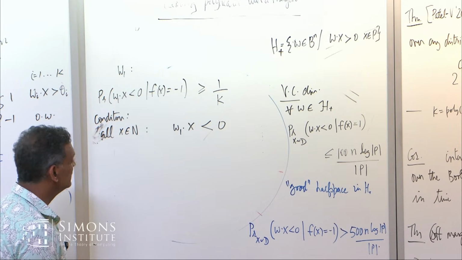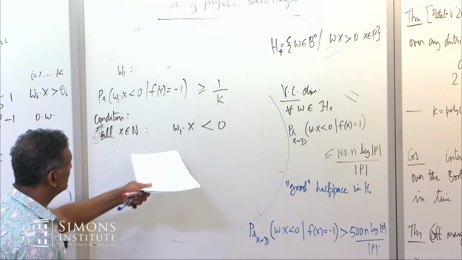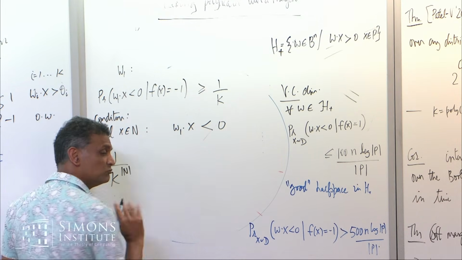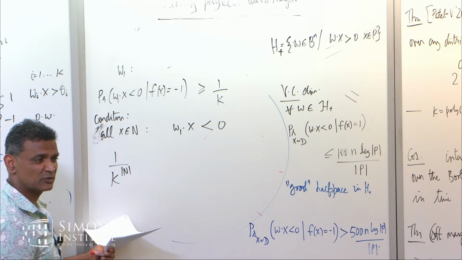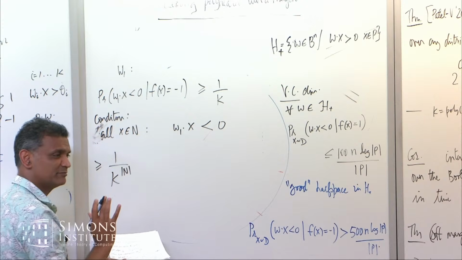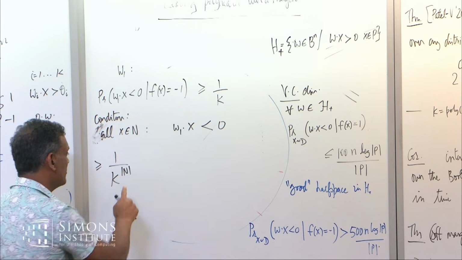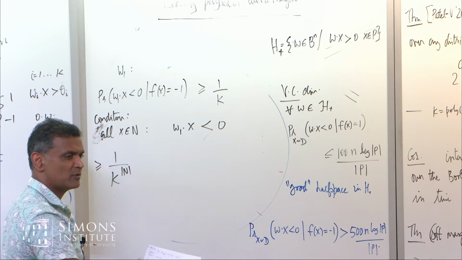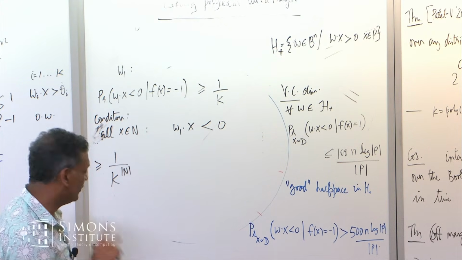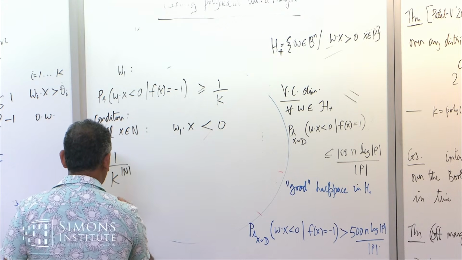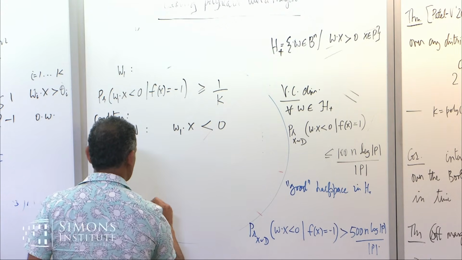Right? You see? It's only 1 over k to the n. Our success probability is only this much, because all of them have to fall here. So the success probability is at least this much. Okay, so I can't make n too big, but I have some room here. Great. And if this happens with this probability, I can repeat this so many times and I'll be done. Okay, great.